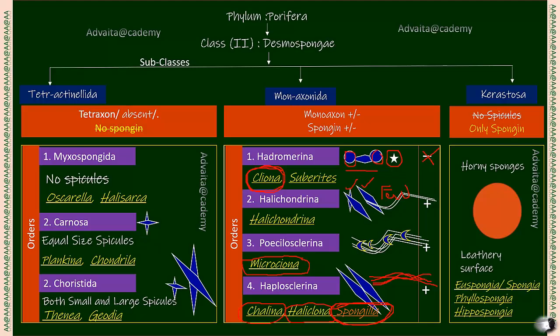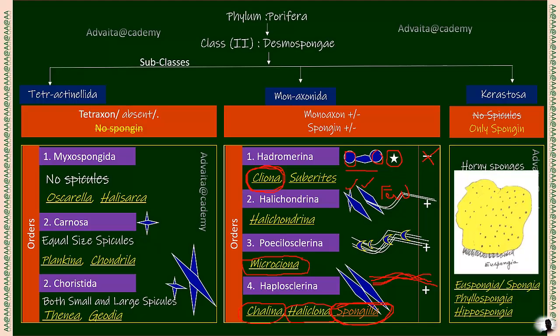Often they are brown and they appear like leather. And here we have a very good example, Euspongia or Spongia. Remember, people often confuse Spongia and Spongilla.